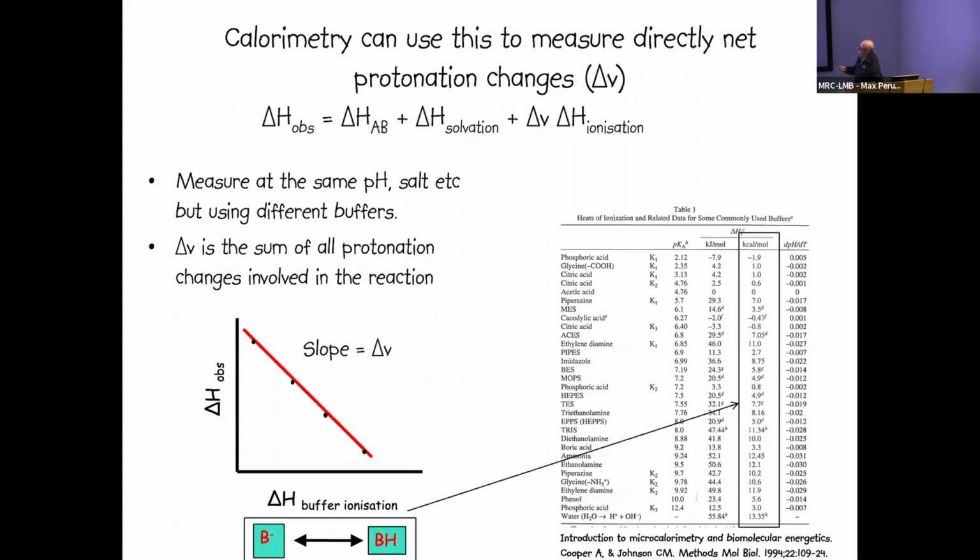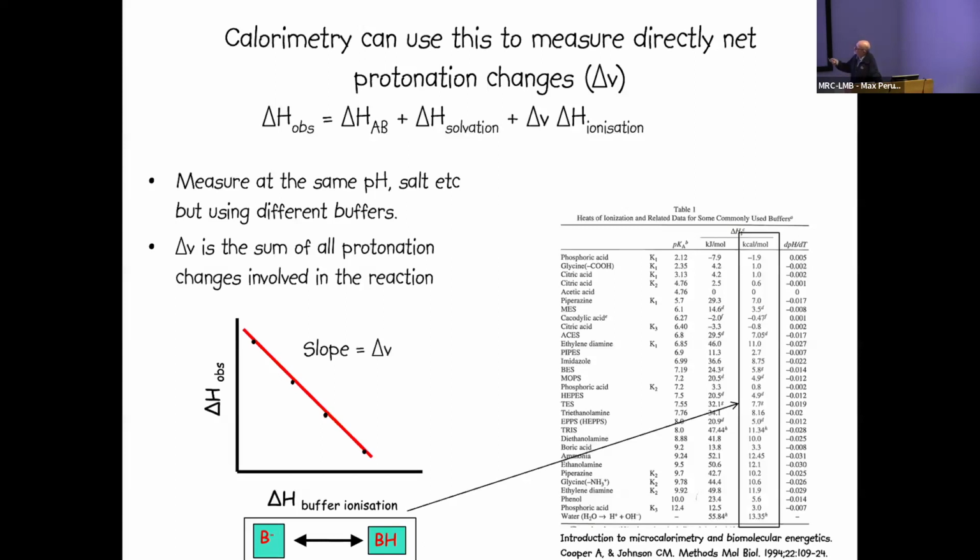This means that we have a measured enthalpy, which is our enthalpy of interaction, some solvation contribution, then the effective change in protonation times the enthalpy of ionization. So if we make measurements in a series of different buffers at the same pH, and with the same amount of salt, we plot these out as a function of the ionization enthalpy of the buffer that we're using.